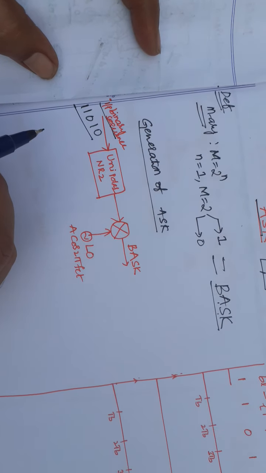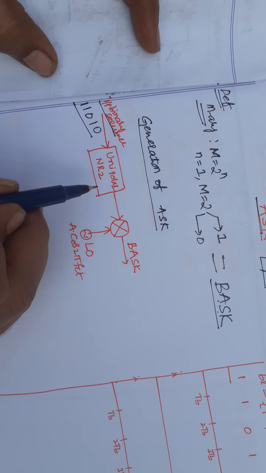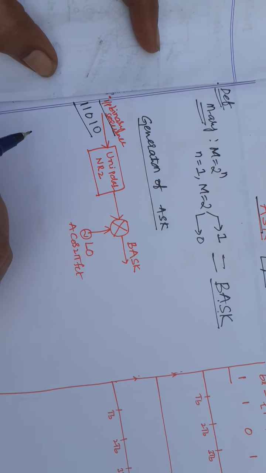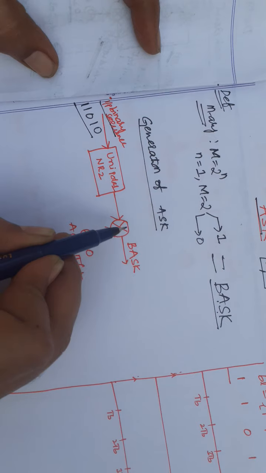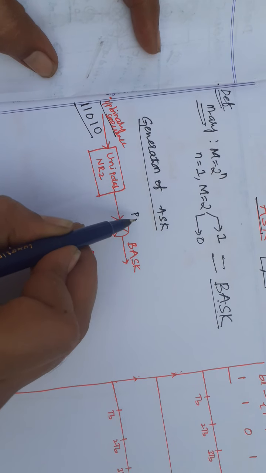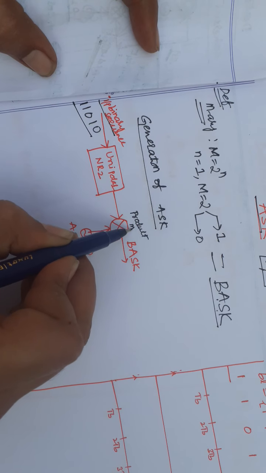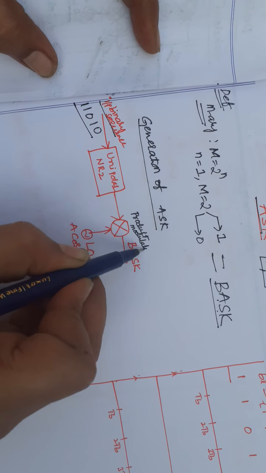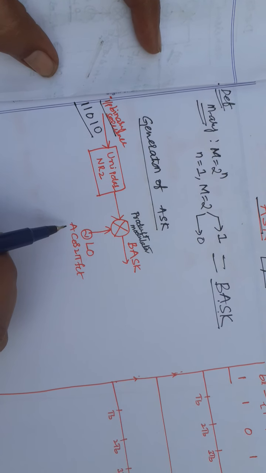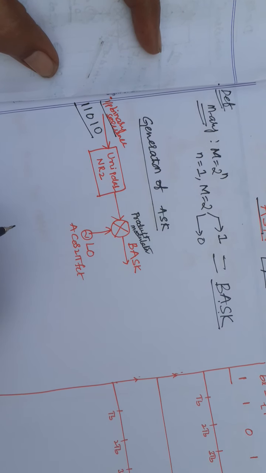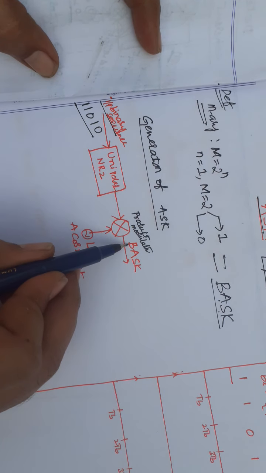This input binary sequence is passed through unipolar NRZ, and the output of unipolar NRZ is multiplied in a product modulator with a high frequency local oscillator carrier. The carrier signal is A cos 2 pi fc t, and at the output of the product modulator we get BASK.